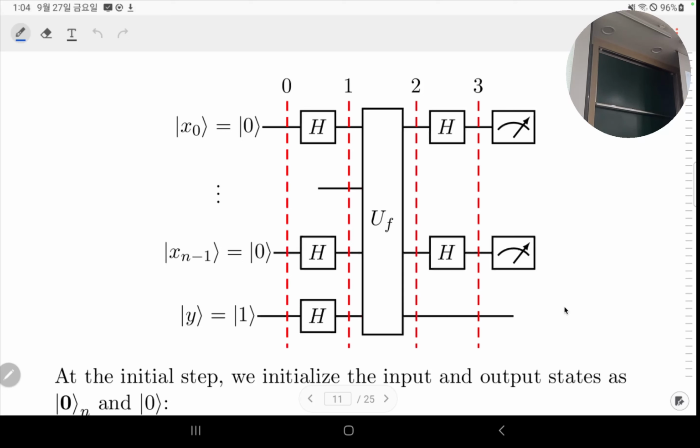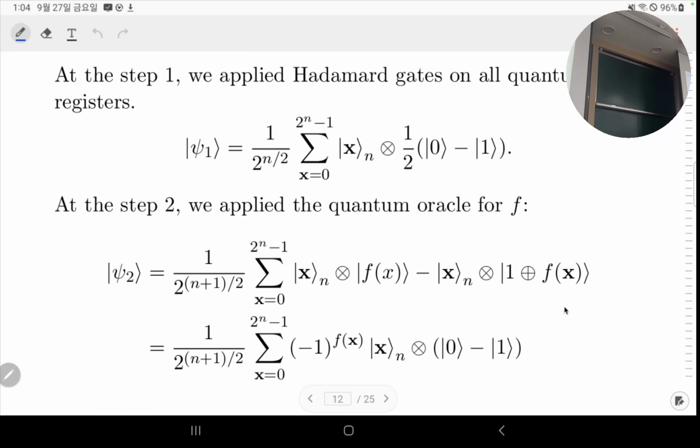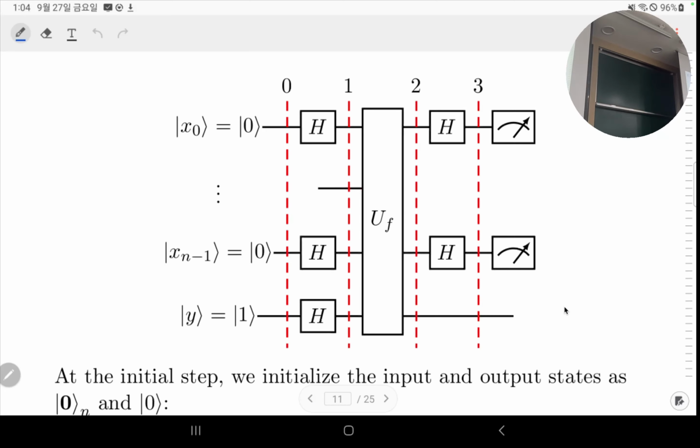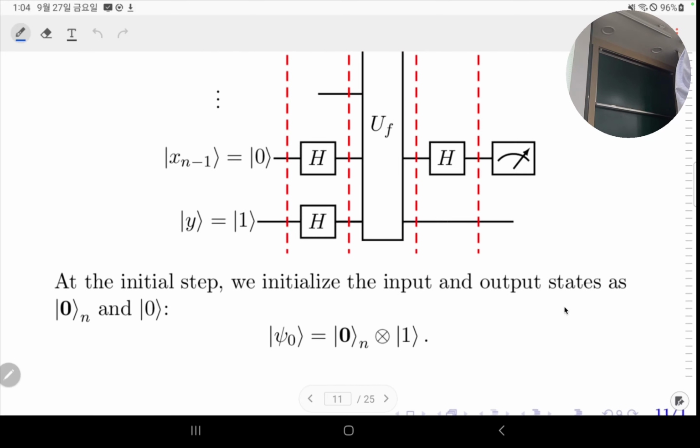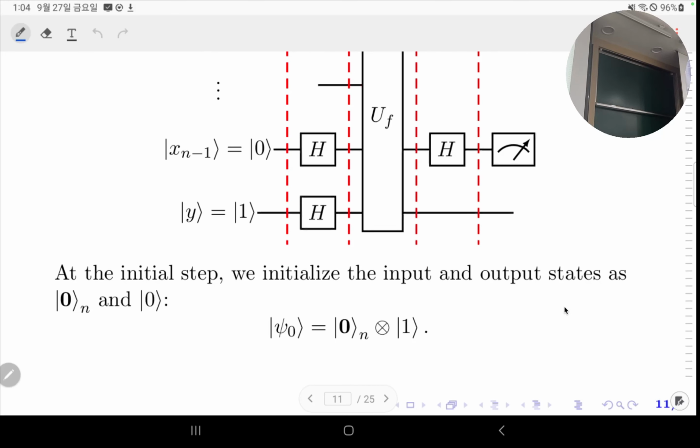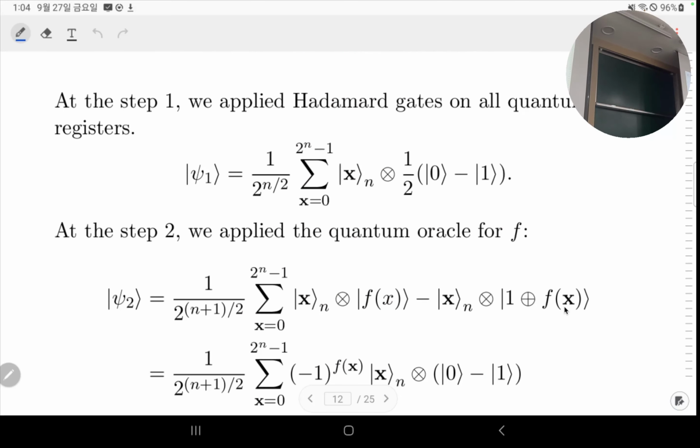Let's compute step by step. We separated it into 4 steps, starting from 0. At step 0, it's obviously |0> tensor |0>, and the output register is initialized as |1>. Once you apply the Hadamard gate, the input register becomes the superposition of all the possible states.